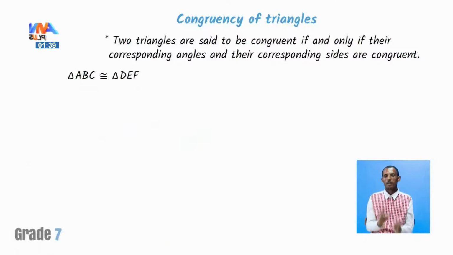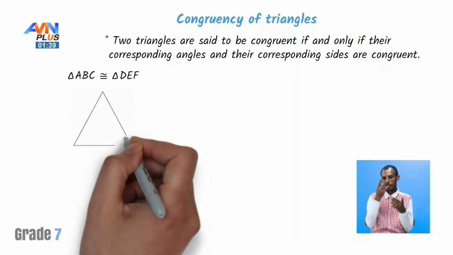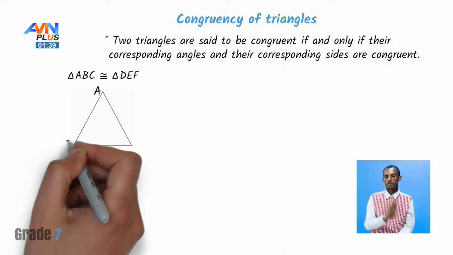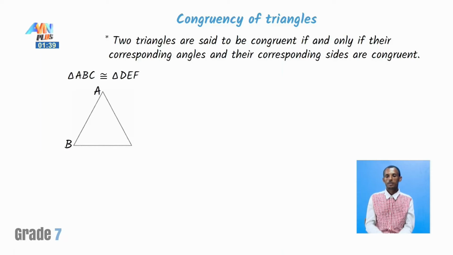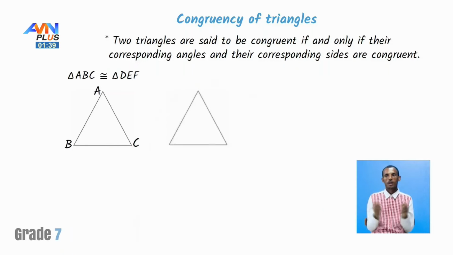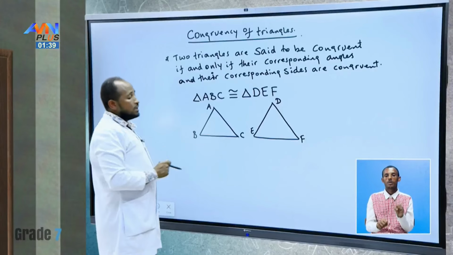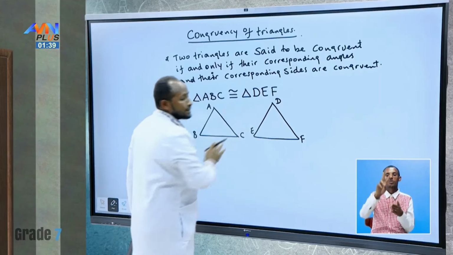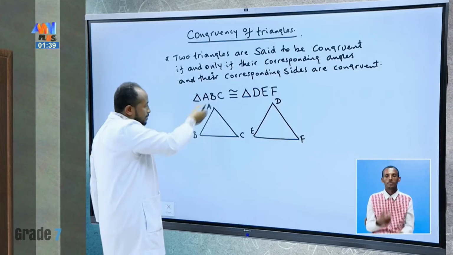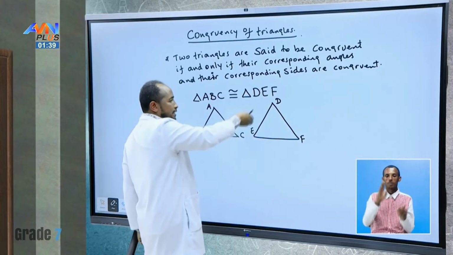Let's see it in picture. Look, assume this one is triangle ABC. Again, here you have this exact copy or congruent triangle DEF. So, in order to say these two triangles are congruent, this side AB must fit on side DE.